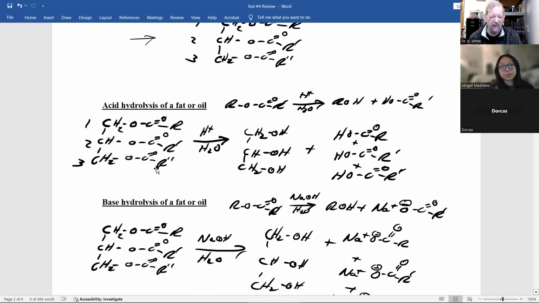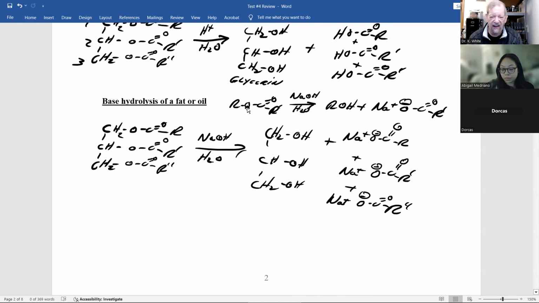And ester 3 gives this alcohol and this carboxylic acid. I won't ask on a test, but I worked in this industry, so I'll say it. This molecule is glycerin, which is an important ingredient in the industrial world and also in cosmetics and other things. And these carboxylic acids that come from fats and oils are called fatty acids.